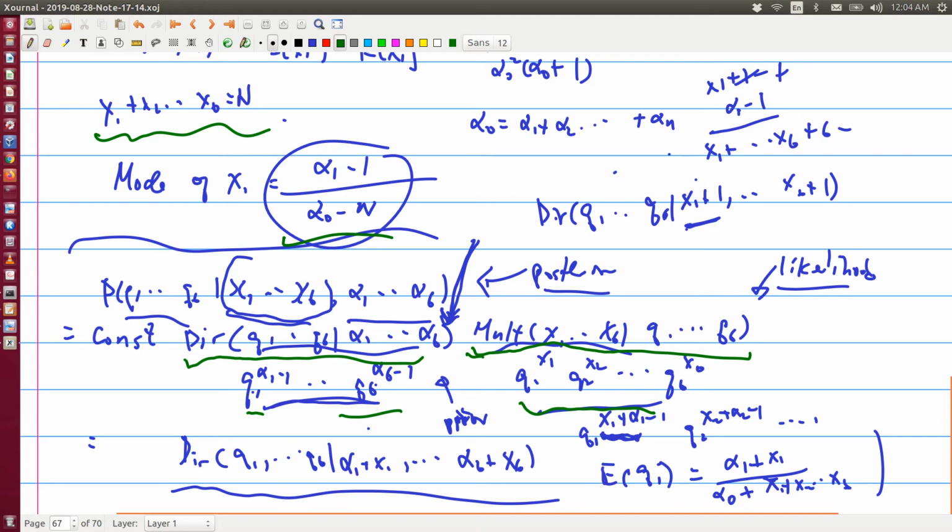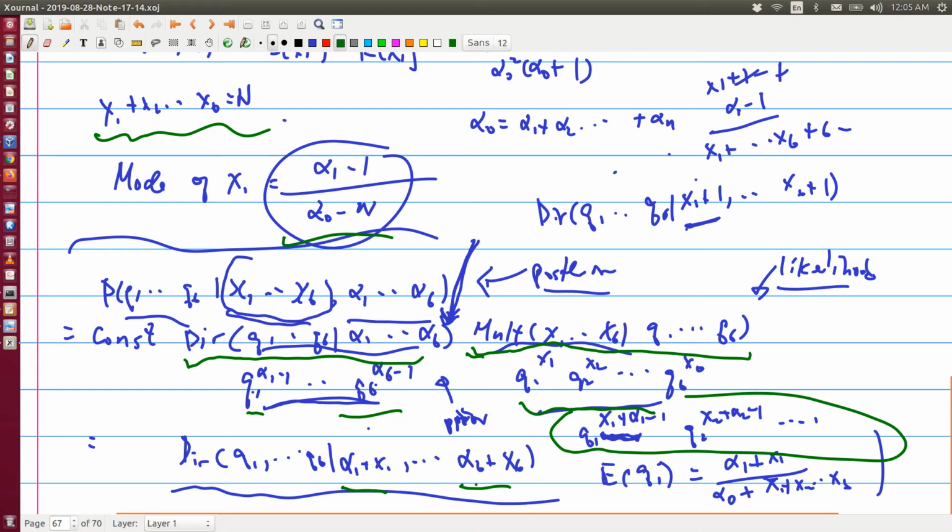I can just group the exponents together. So the exponent for q1 is q1 to the power x1 plus alpha 1 minus 1, and so on and so forth. If you look at that, this is actually just a Dirichlet, now with the parameters updated to alpha 1 plus x1 up to alpha 6 plus x6.